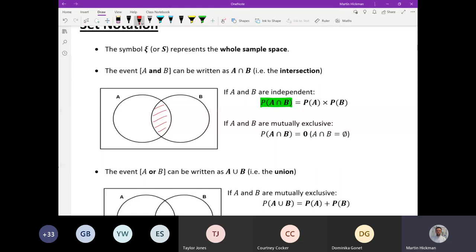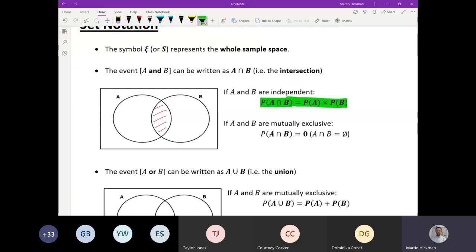We also learned last week that if A and B are independent, if we multiply those probabilities together, then we get the probability of A and B. So that's an important definition you need to use. We're going to use that later today. If it's independent, the probability of A times the probability of B equals the probability of A and B.